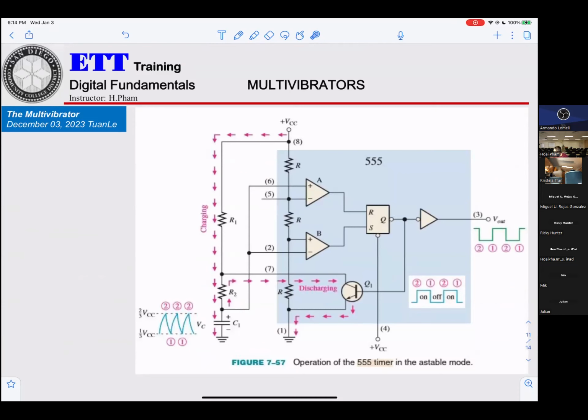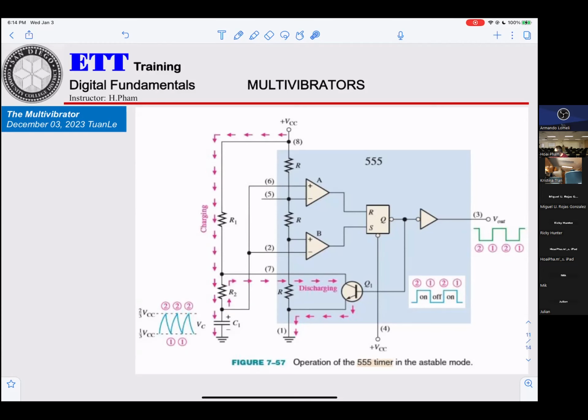Okay, and another one, operation of the 555 timer as astable. You see that? On that one, they give you a little more detail. This is telling you the voltage of the capacitor charge and discharge, and that will be connected to the circuitry here.